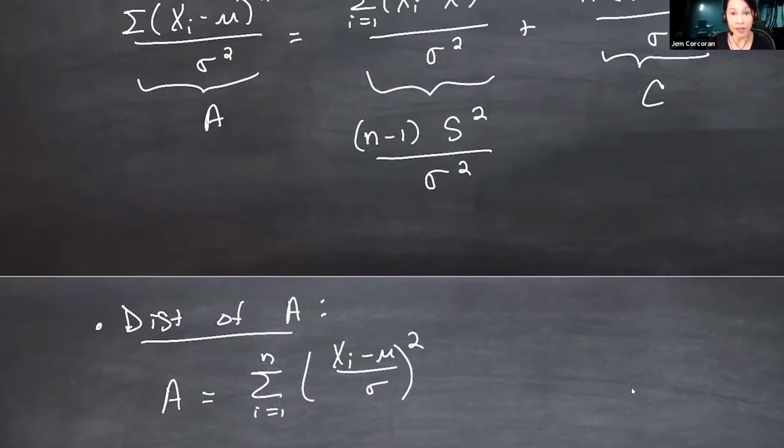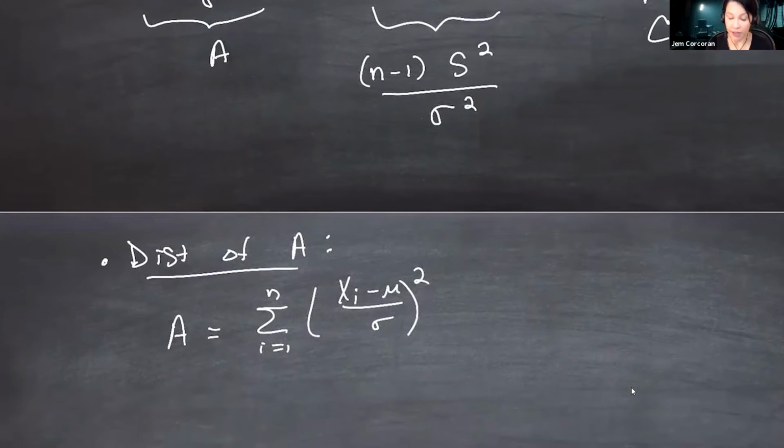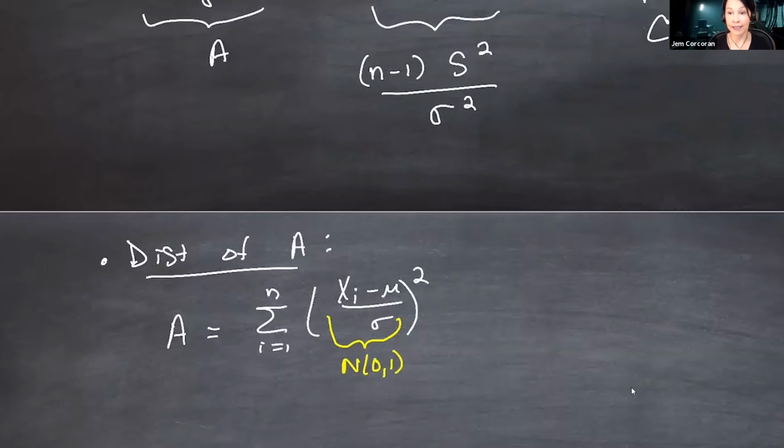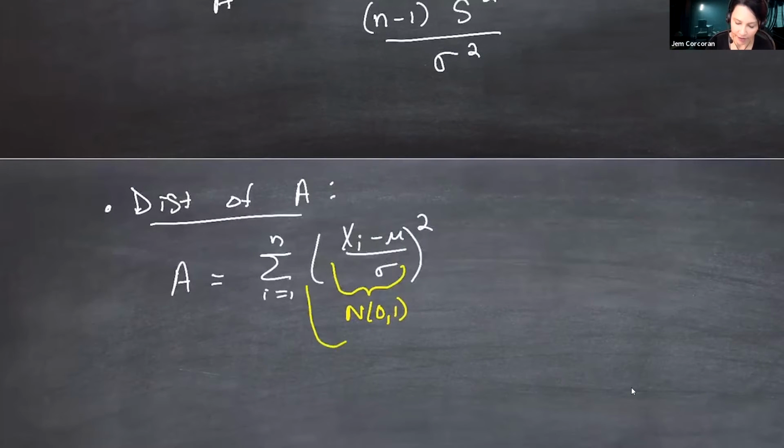And starting with the assumption that these guys are normally distributed with mean mu and variance sigma squared, this thing inside the parentheses has a normal distribution with mean 0 and variance 1. And if you square a normal 0, 1, you get a chi-squared with 1 degree of freedom. So this whole thing with the squared is chi-squared 1, which was another homework problem.